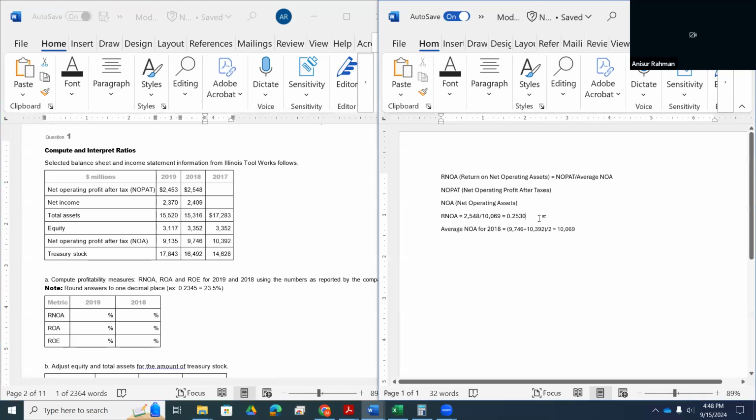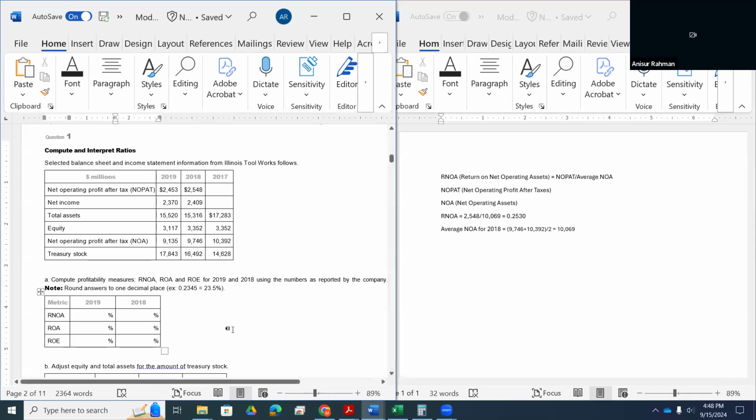So it should be 25.3%. If you follow the same process for 2019, you should get 26%.